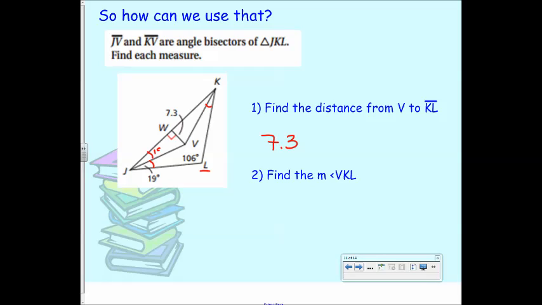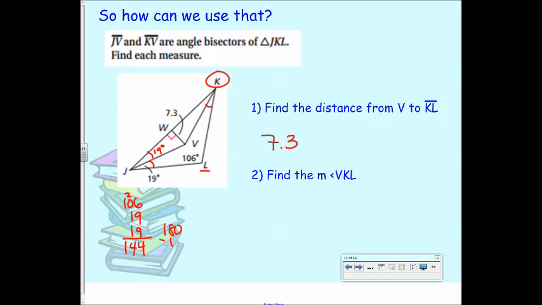What's 9 plus 9? 18, plus 6 is 24. 2 plus 1 plus 1, and 1. So that's 144. So what's left over for K? 36. Okay, so K must equal 36.